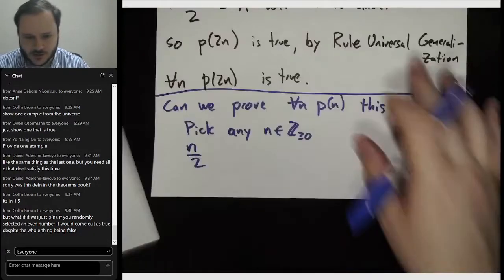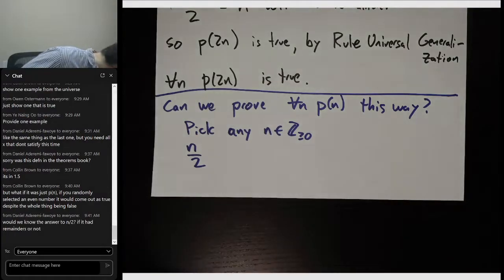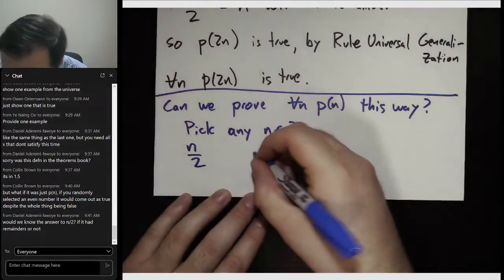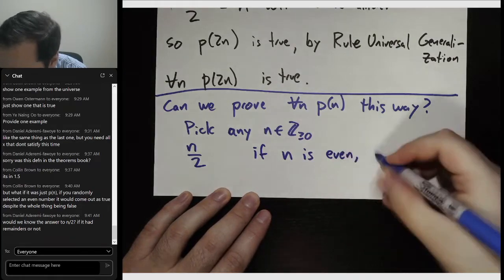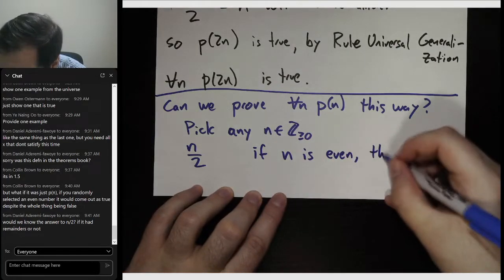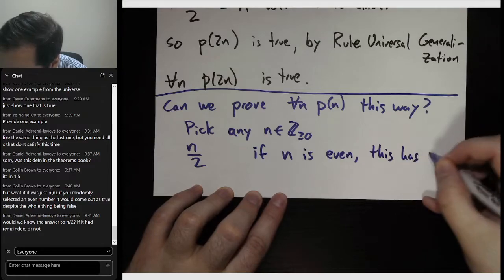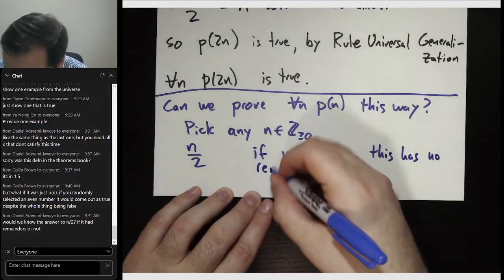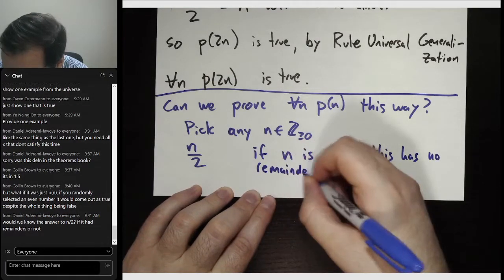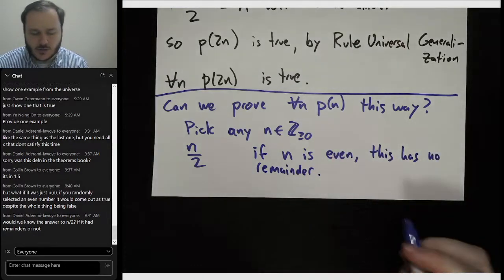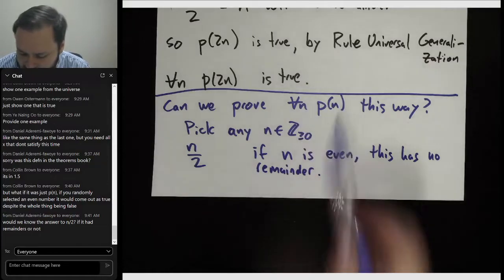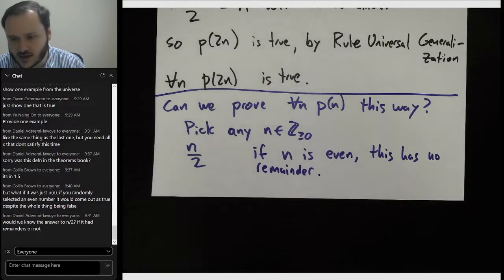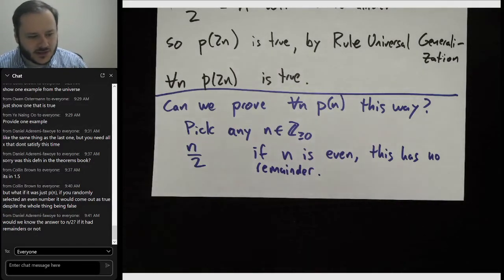Oops, I'm off the bottom of the page again. If n is even, this has no remainder. So if the n I picked happened to be even, have I successfully proved for all n, P of n? And the answer is no.